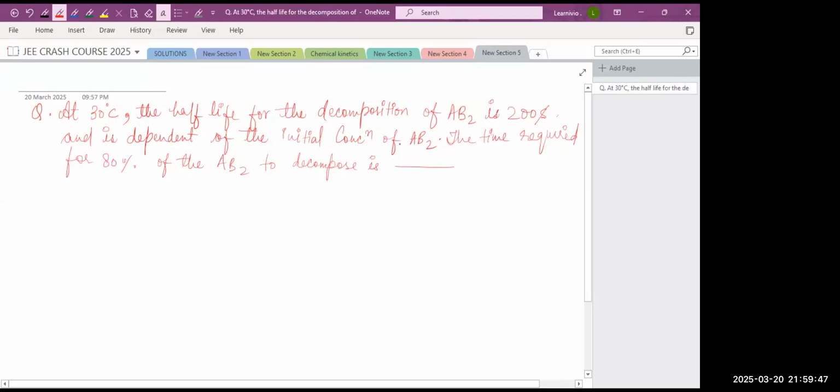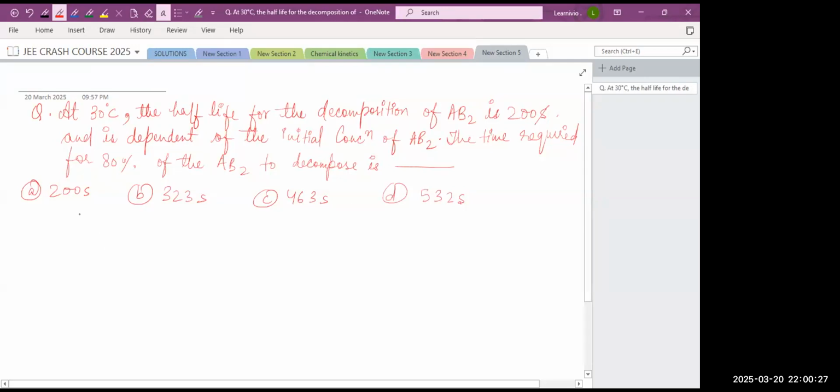So what is given in the question? At 30 degrees Celsius, the half-life for the decomposition of AB2 is 200 seconds, and it is independent of the initial concentration of AB2. The time required for 80% of the AB2 to decompose is: the options are 200 second, 323 second, 463 second, or 532 second.